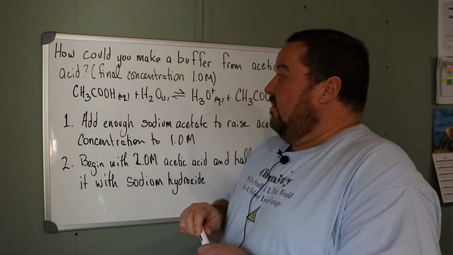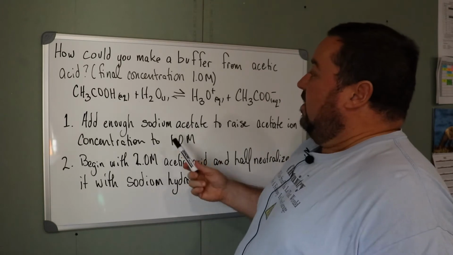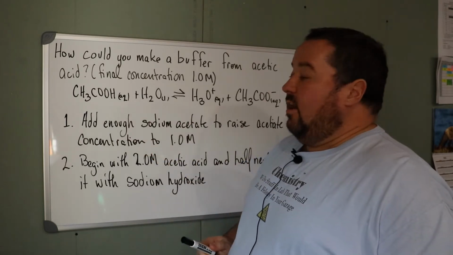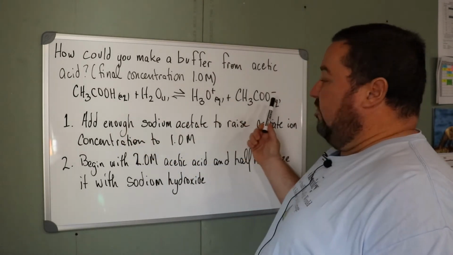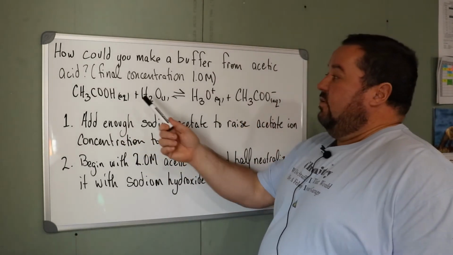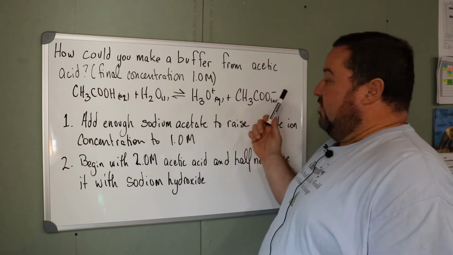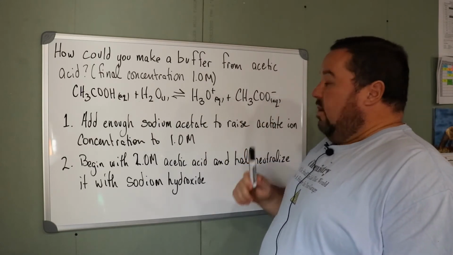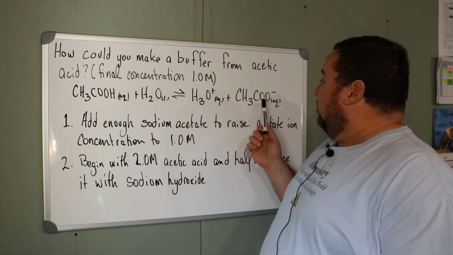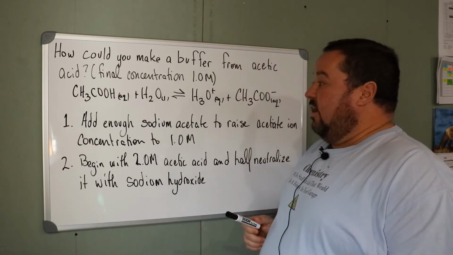What this does is it will consume half of the acetic acid, and I drop its concentration to 1 mole per liter. It will shift half of the acetic acid to the right side as acetate ion, and I will end up with 1 molar for the concentration of the acetate ion as well.